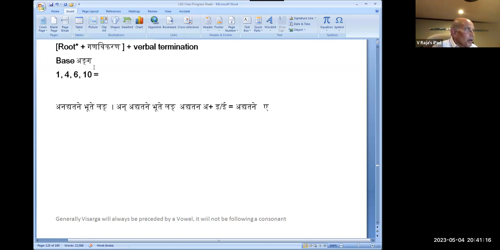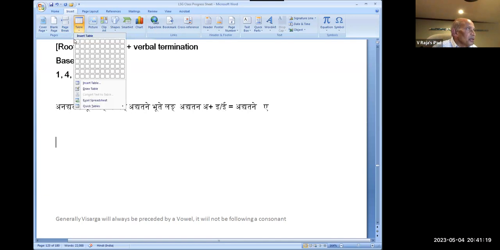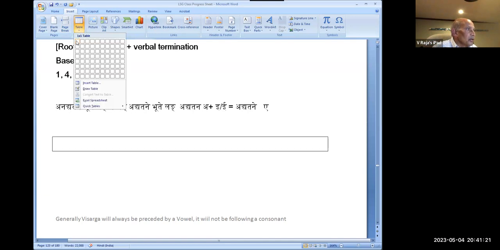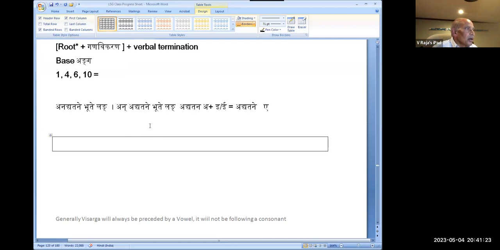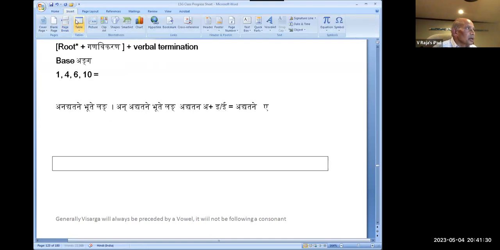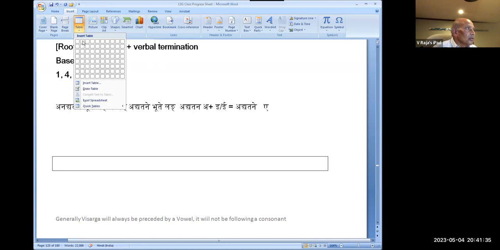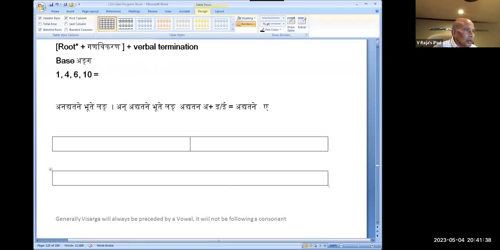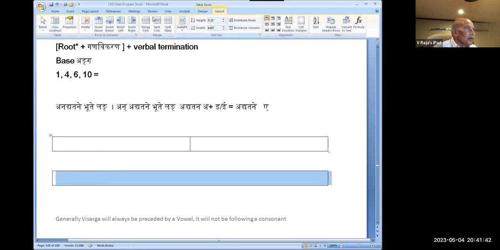Unfortunately, I have not. I will do one thing: insert table. I used to have a beautiful software which I installed on this machine.